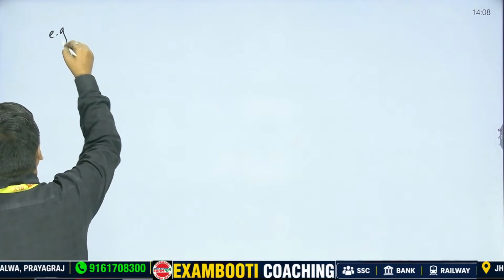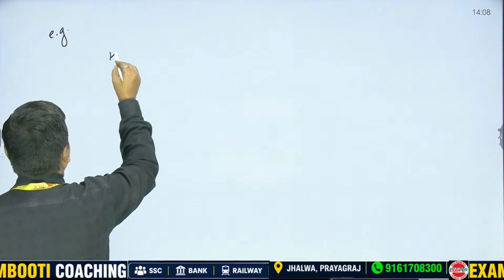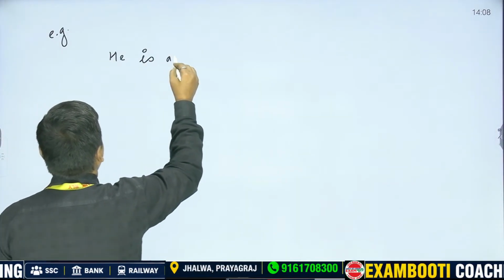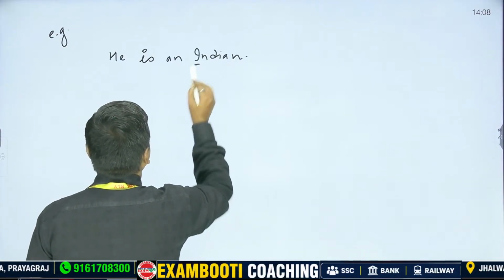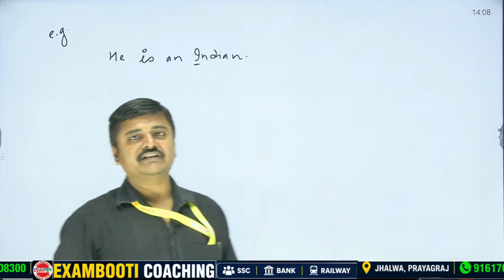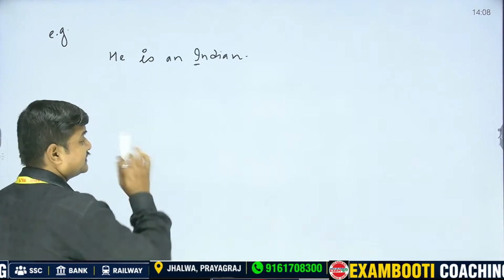Like, if I write, he is an Indian, so I is written with a capital letter, but it doesn't mean that this is a proper noun. It doesn't mean that.